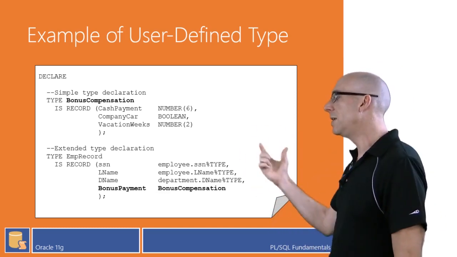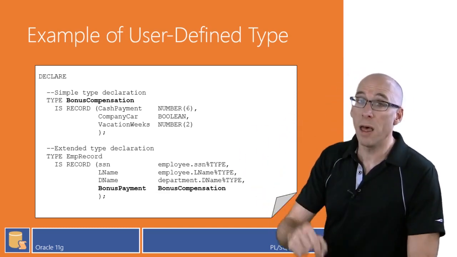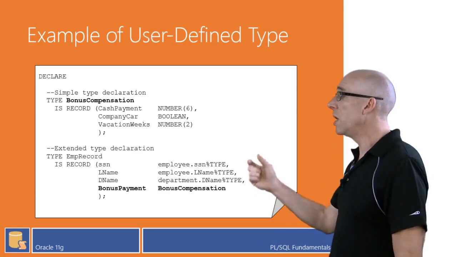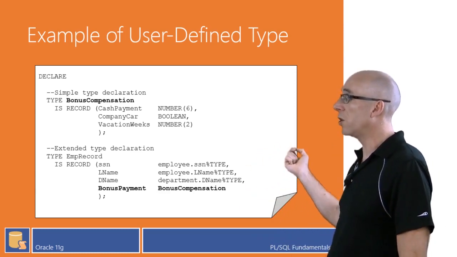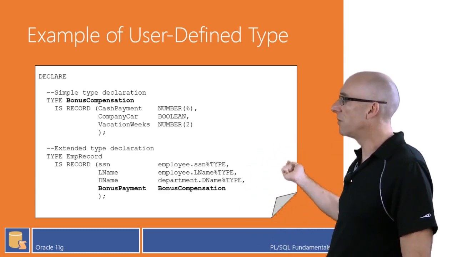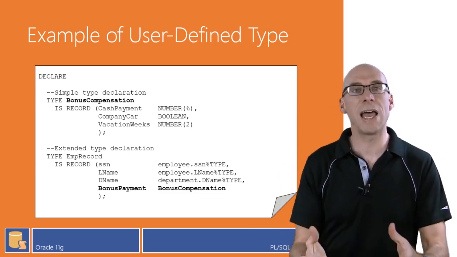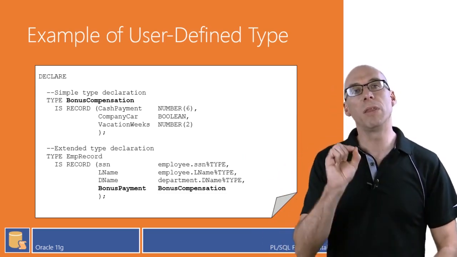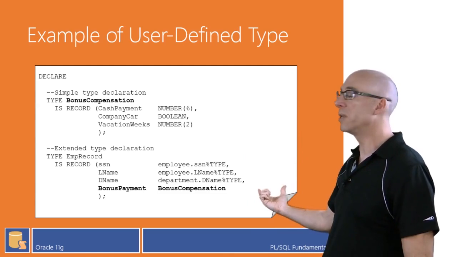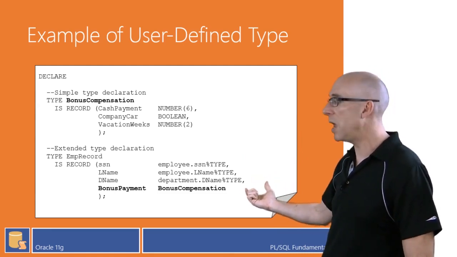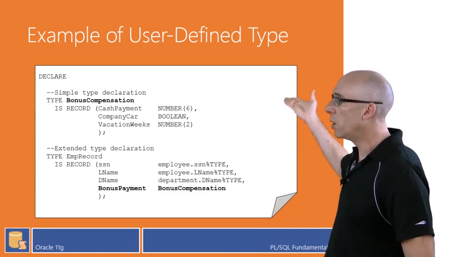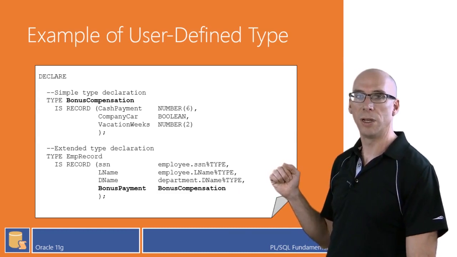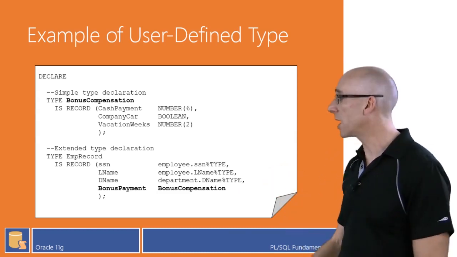Well, then down below we create another record. So here we have type employee record is record, and here we have the social security number, we have the last name, we have the department, but then we have the bonus payment, and the bonus payment is of type bonus compensation. So now let's think about this for a second.